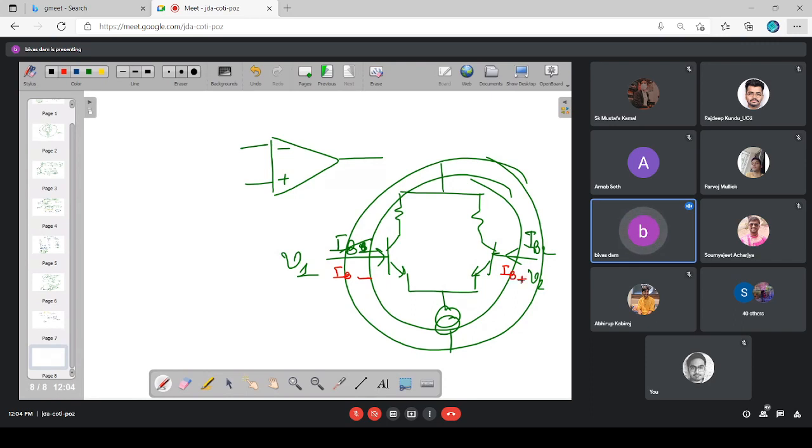The input bias current that is entering into the difference amplifier through the minus input terminal, that means the inverting input terminal, and through the non-inverting input terminal respectively, IB minus and IB plus. They are what I earlier wrote as IB1 and IB2. So from now onwards, I'll be terming them as IB minus and IB plus.